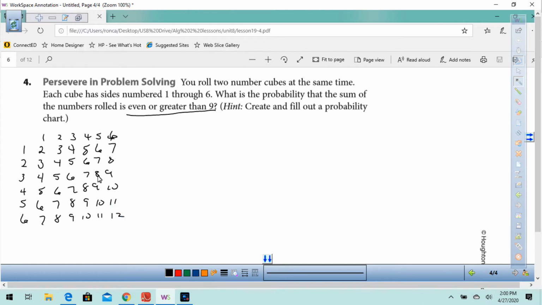So even or greater than 9. So we're looking, we got 9, 9, 10, 9, 10, 11, 9, 10, 11, 12. The number of possibles, let's see, 1, 2, 3, 4, 5, 6, 7, 8, 9, 10.